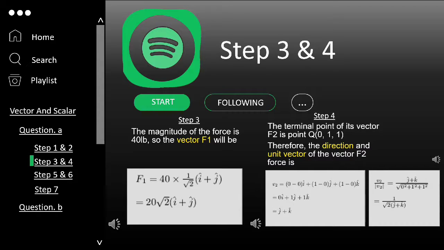Step 4. The terminal point of the vector F2 is point Q(0, 1, 1).